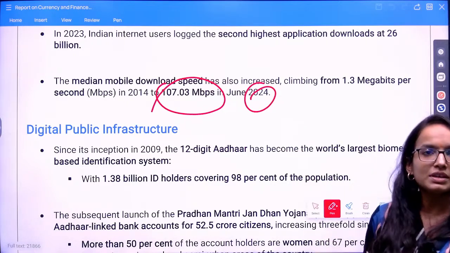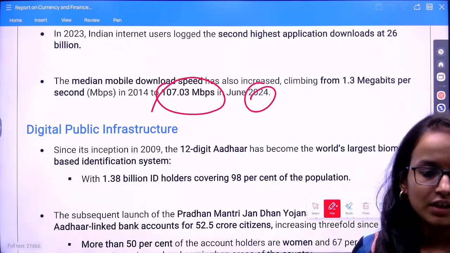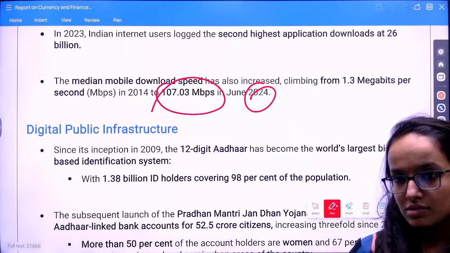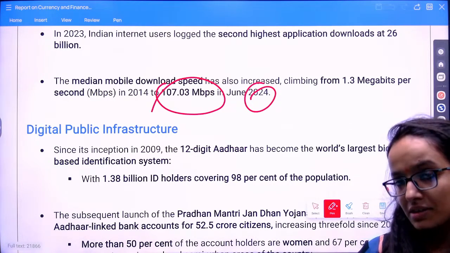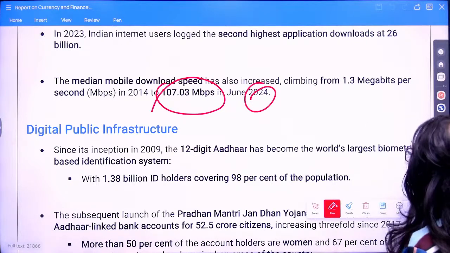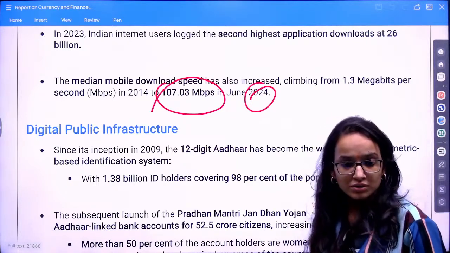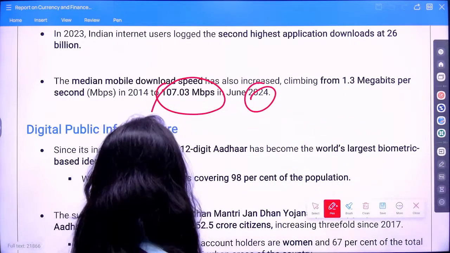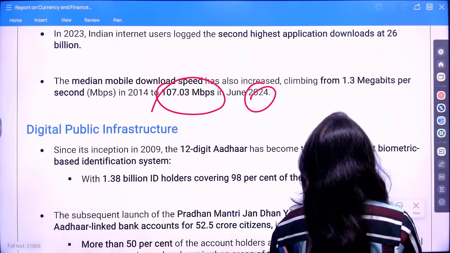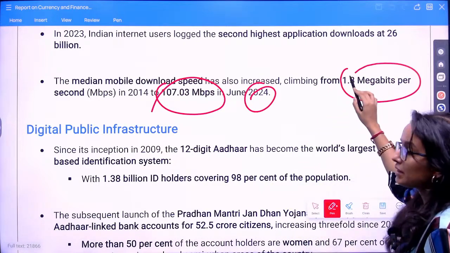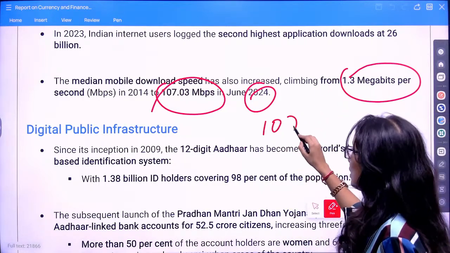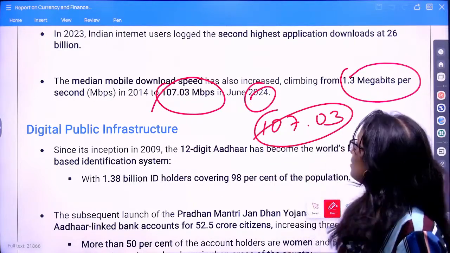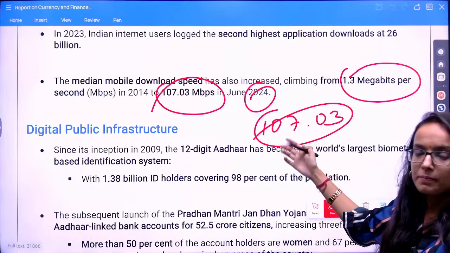It is also indicative of rising mobile penetration and success of internet services provided to Indians, right? And more advanced technology, lower cost, and all these things. So remember this figure as well: the median mobile download speed has increased from 1.3 Mbps in 2014 to 107.03 Mbps in 2024. There is a huge increase, you see, right?